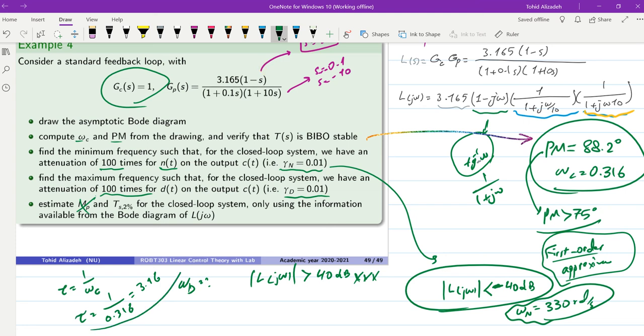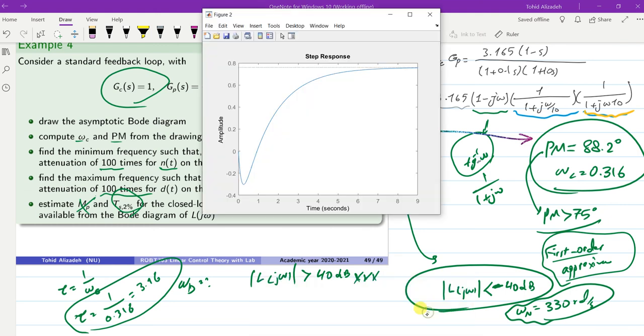And since we have the time constant for the first order system approximation, we can find out the 2% settling time easily, and you can do it. You can find the numerical value and compare it with the actual value that we have here. You will see that they are not the same, because what we get here is an approximation of the actual value for the settling time. So here we have it close to 6.5 seconds.